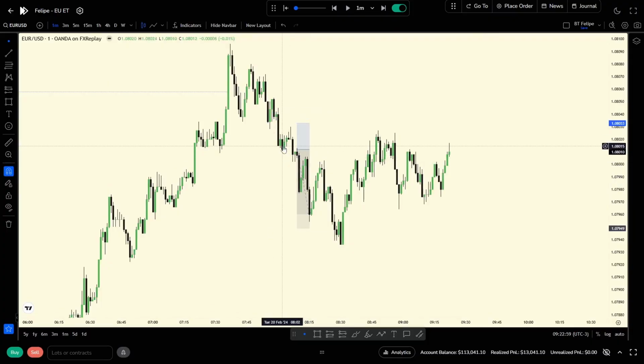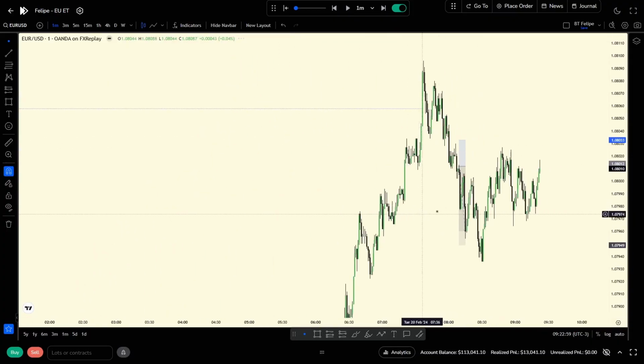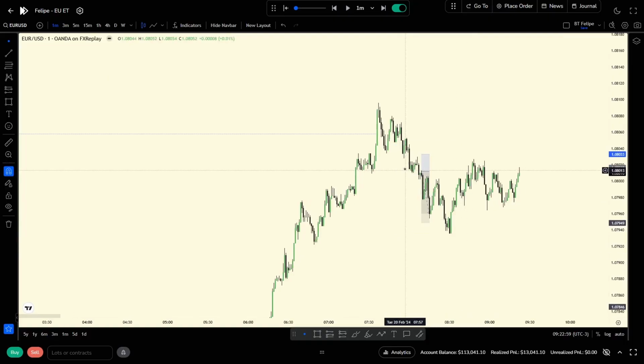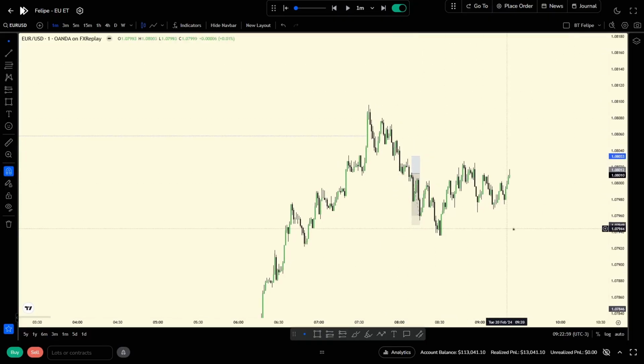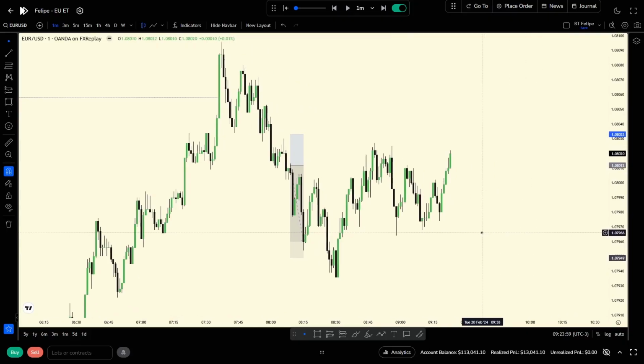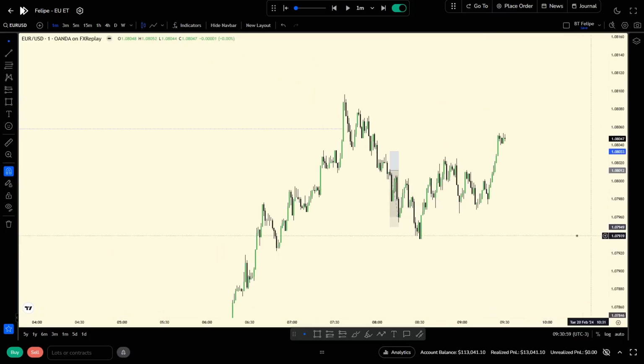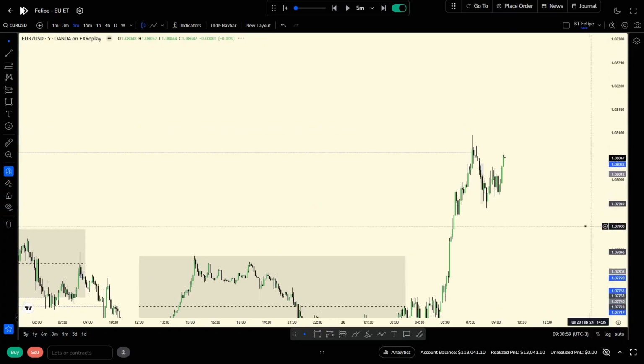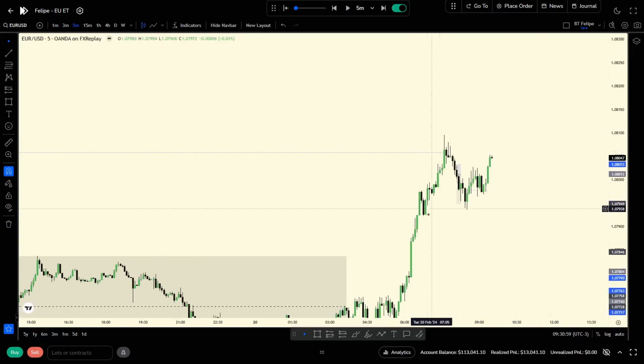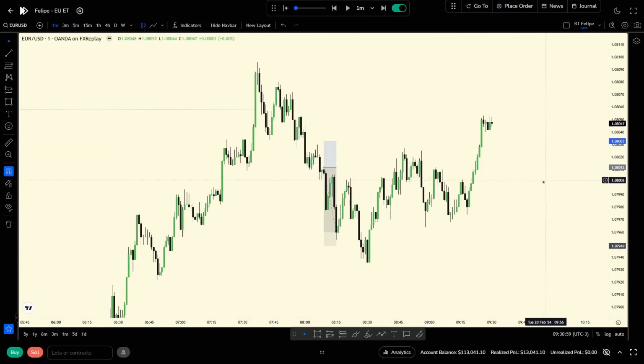Those are the only ones that I usually miss, because of this. If I look with this kind of zoom out, then it's kind of hard to see. That's here. Now we're going up.